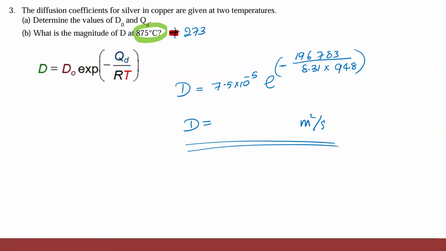What do we get? 8.3 times 10 to the negative 14. Do we all get that? Are we all good? Any question? All good? How about you guys?